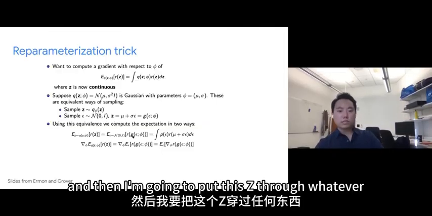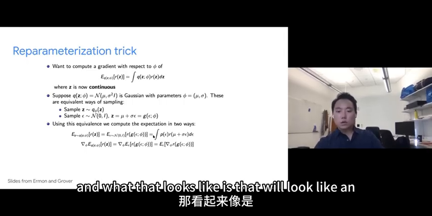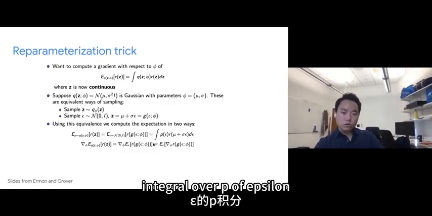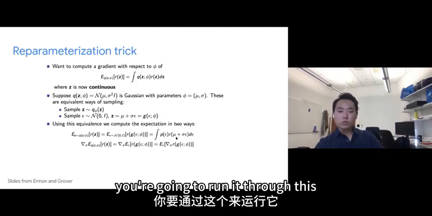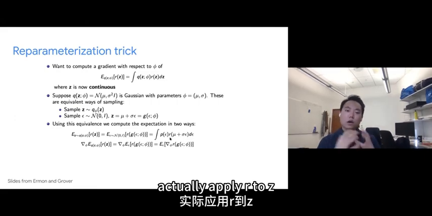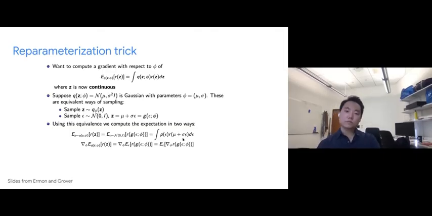Then I put this Z through whatever R of Z that I care about. That looks like an integral over P of epsilon, because we're sampling these epsilons, and once you have an epsilon, you run it through this linear transformation and apply R to the Z that you get.